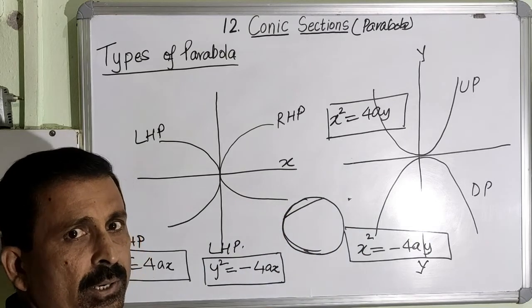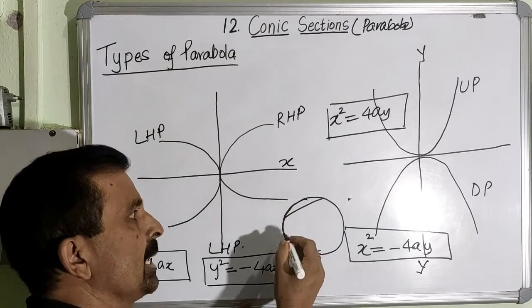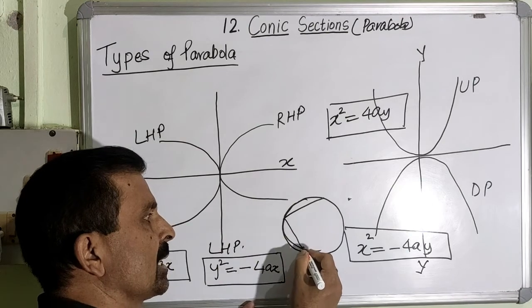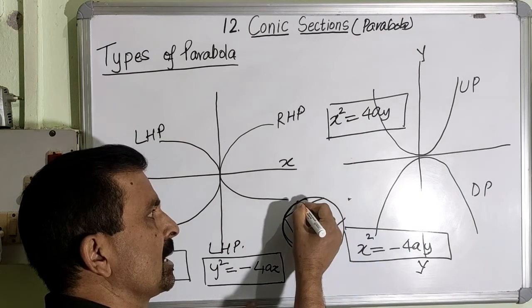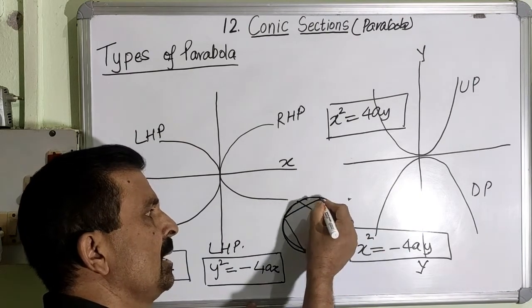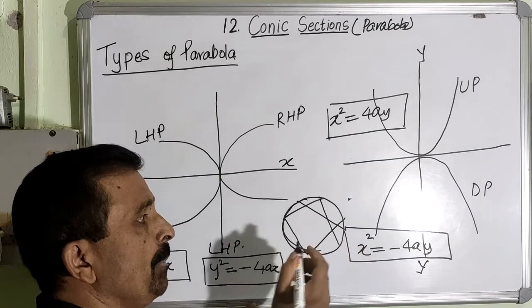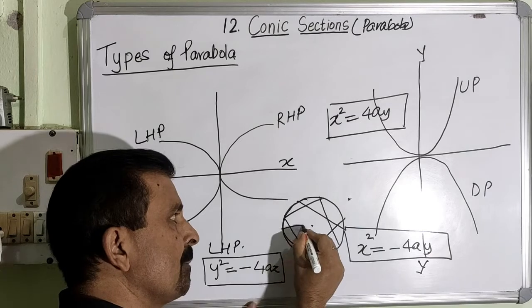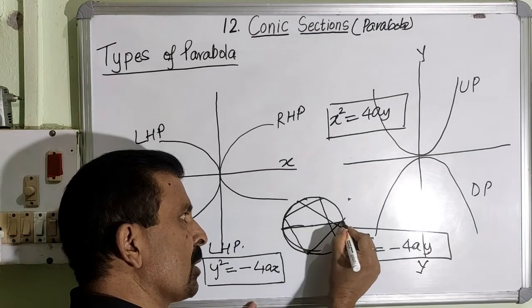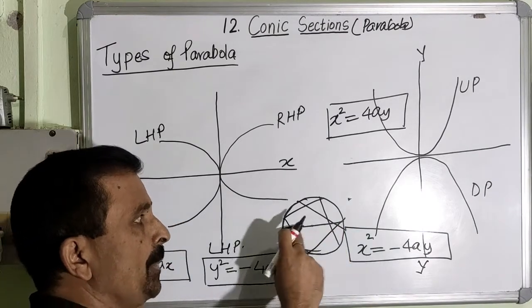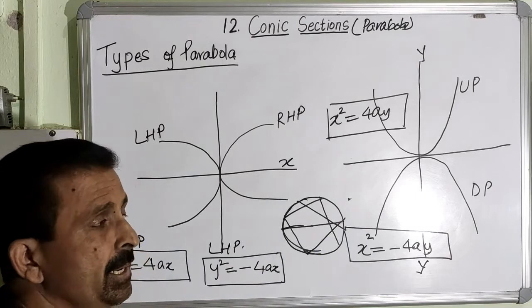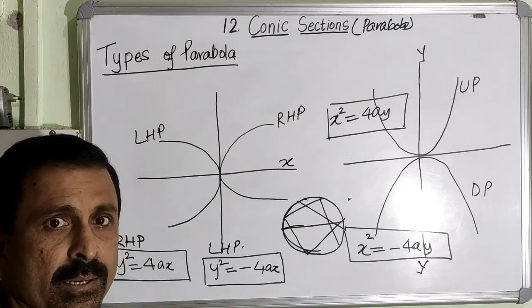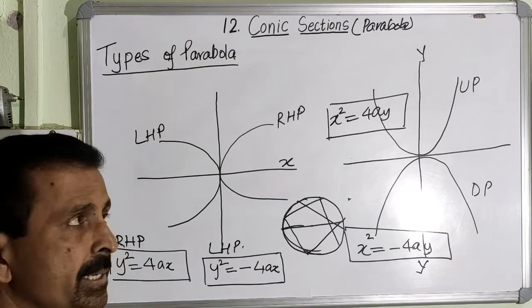We can have infinite chords in a circle. You can join any 2 points in the circle, and that will be a chord. But there will be one chord which passes through the center. This is a special chord, and it is named the diameter.